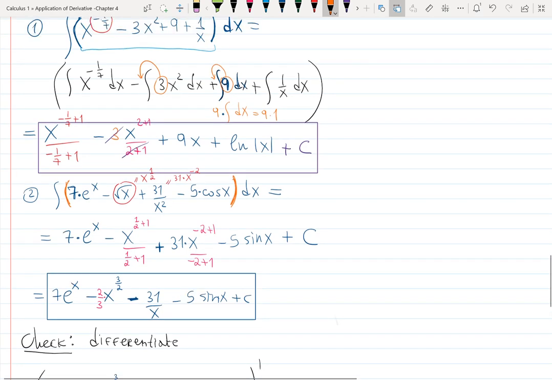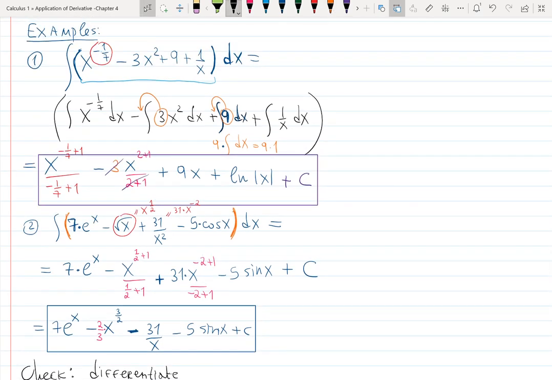That's actually pretty good. Over here, I think I forgot to simplify. If you want, I can simplify this answer for you. The example number 1. X to the negative 1/7 plus 1 becomes x to the 6/7, and then multiplied by 7/6 because I'm dividing by 6/7.